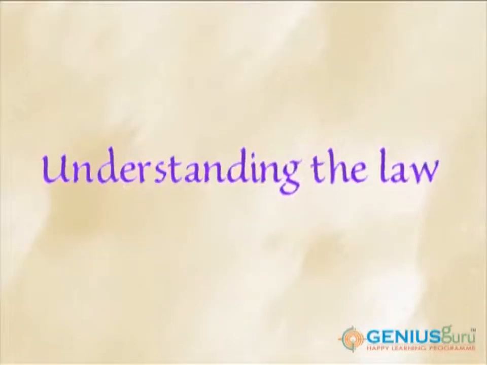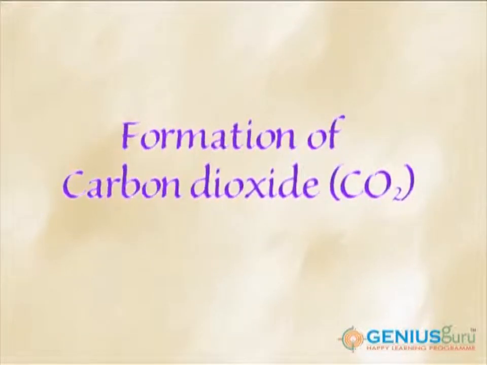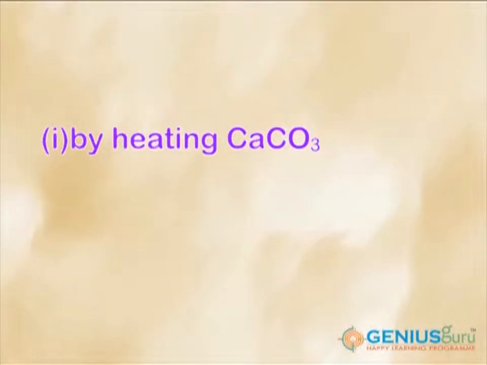To understand this law of constant proportions, let us consider the formation of carbon dioxide. Carbon dioxide can be obtained in 4 different ways. These are represented here. The first one is heating calcium carbonate, by which we obtain carbon dioxide.